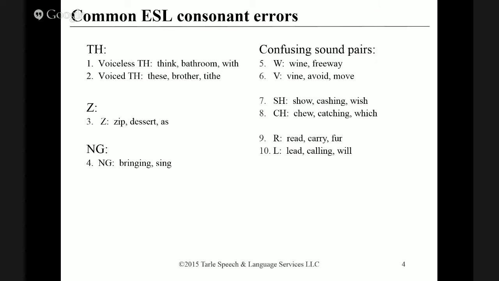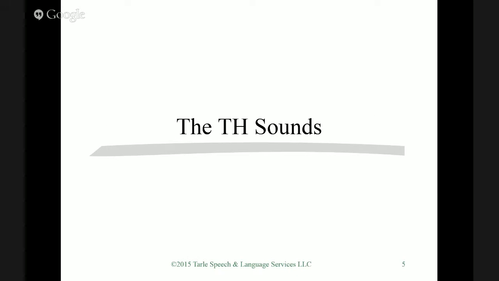We also have the Z sound, which we'll be talking about today at noon Central Time in the US, the NG sound, and then we have some confusing sound pairs, W and V, SH and CH that we'll be talking about at 11 o'clock today, US Central Time, and then R, L, and W. So V and W we'll talk about next week. R, L, and W I'm throwing in will be next Monday as well.